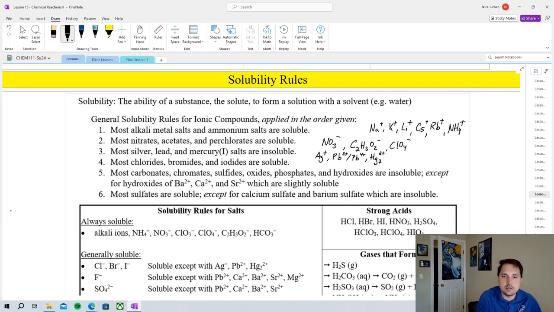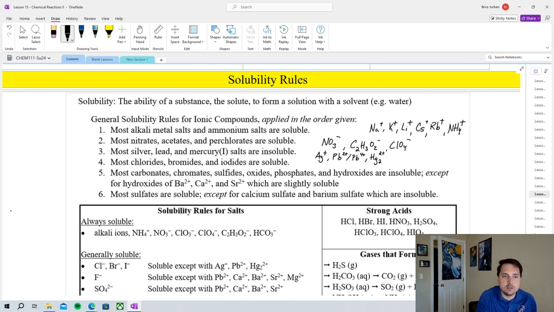And you can remember these are pretty heavy metals, toxic, right? So any of these toxic metals are generally insoluble when they're mixed with something. Now, if they're mixed with a nitrate or a perchlorate or an acetate, they will be soluble because that rule is above this other one. So you always want to apply these in order.